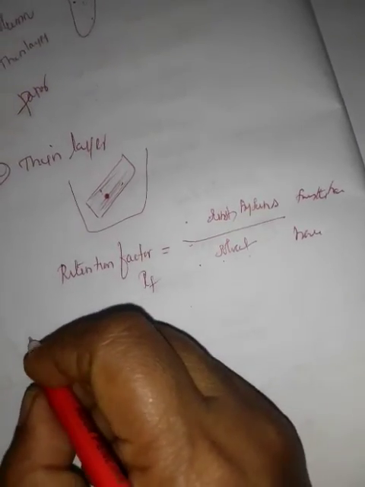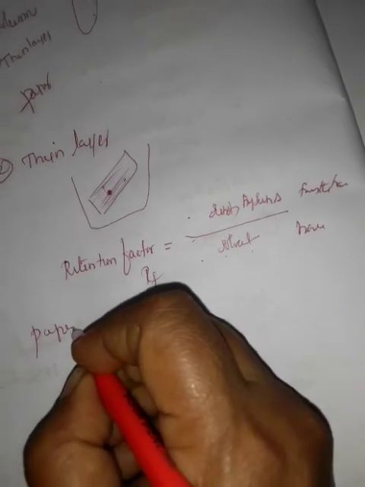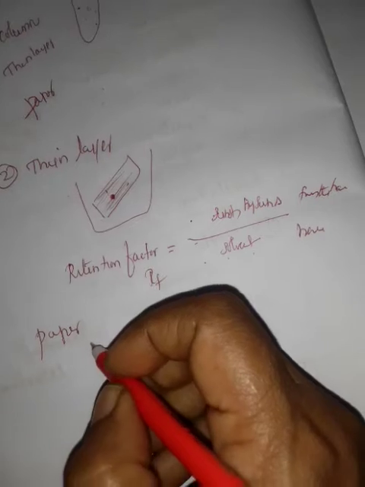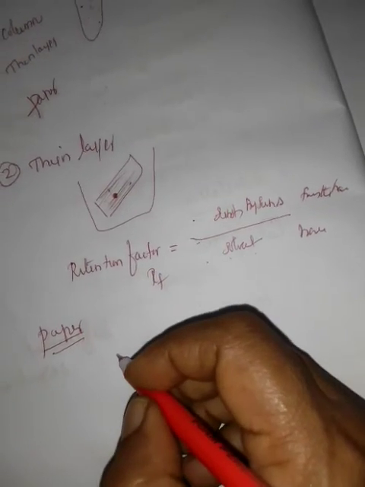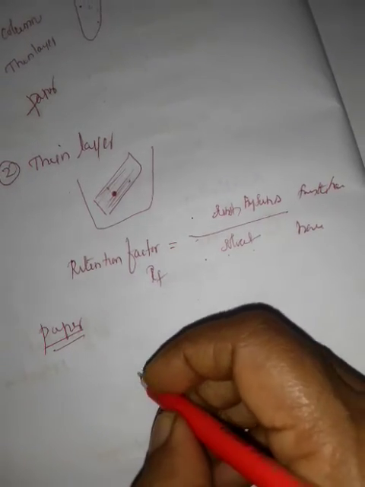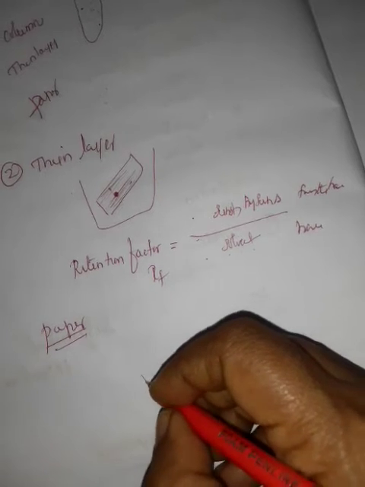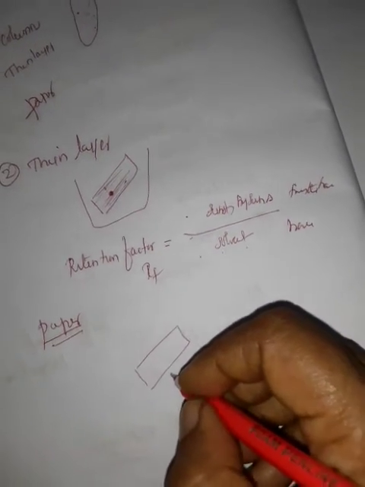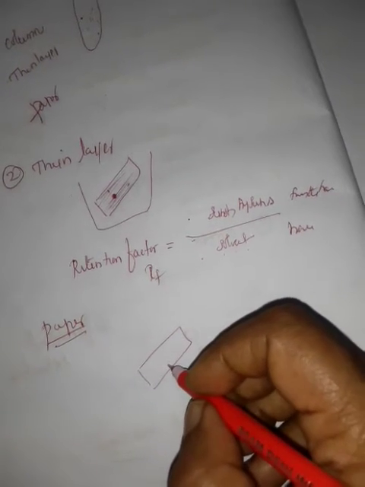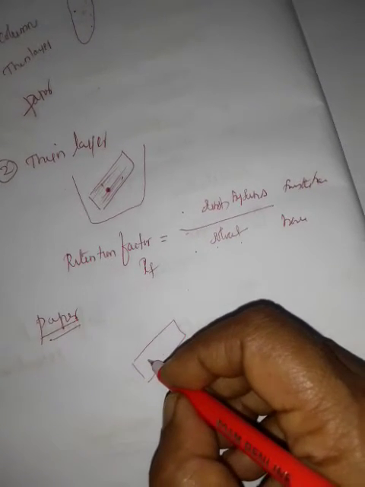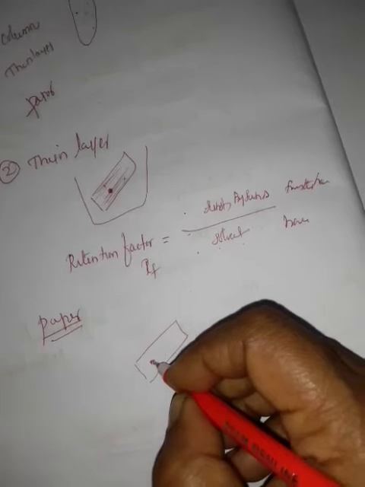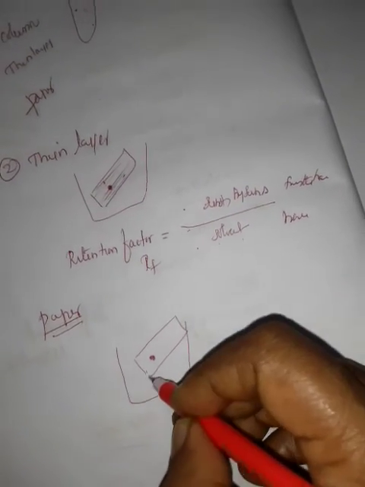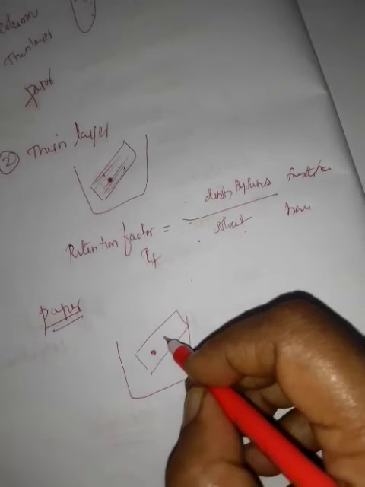Similarly, the next one is paper chromatography. It is an example of partition chromatography. A strip of paper acts as the stationary phase. This paper is called chromatographic paper. The mixture is placed at the base of the paper. Then the paper is suspended in a solvent, that is called the mobile phase.